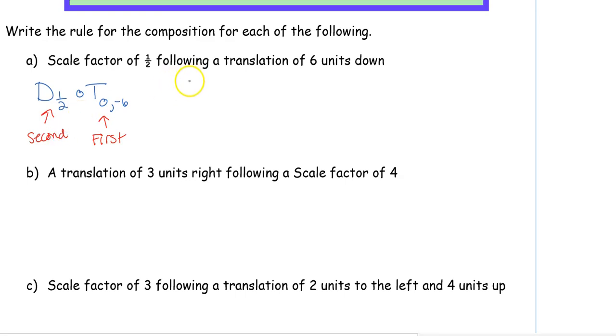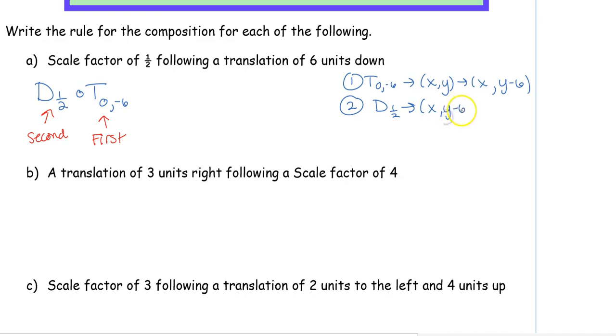So the first thing we have, number 1, is I'm going to translate 6 units down. Well, my starting point is just at my xy, my original xy. If I'm moving left, right, none, I'm still at x, and then I'm moving down 6, so now I'm at y minus 6. The second thing I have to do is dilate by 1/2. I'm no longer at that original xy. This is where I ended. I'm ending at x, comma, y minus 6.